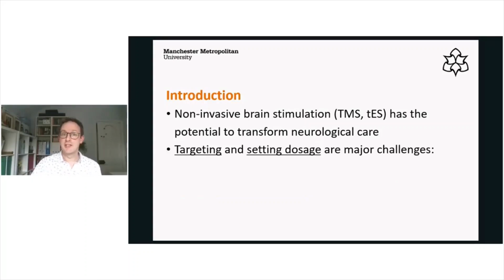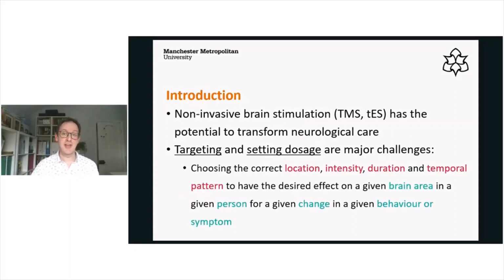But we have some challenges, and I guess the biggest set of challenges are about targeting and setting dosage for brain stimulation. Effectively we're talking about the ability to decide where and when to deliver our stimulation and how much of it we should give.